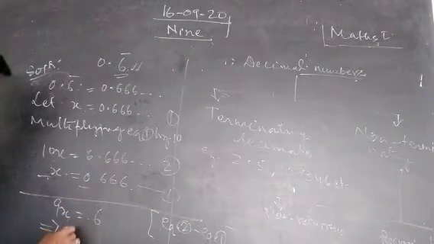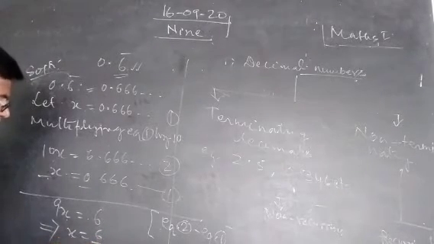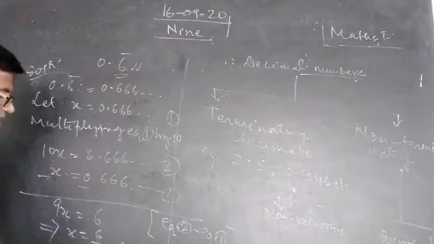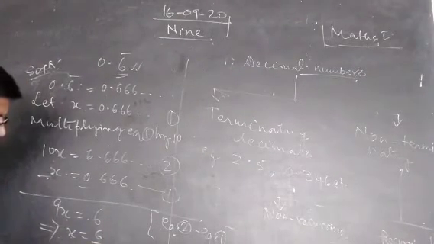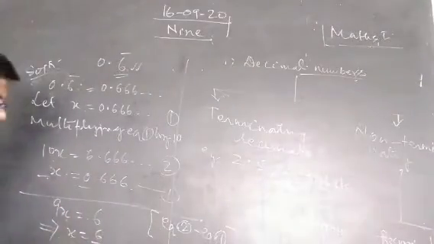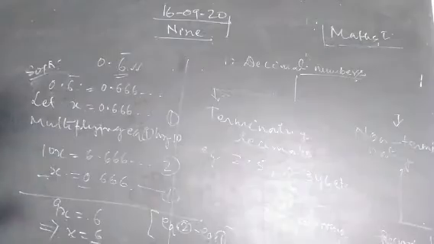Now we solve this linear equation and get x is equal to 6 upon 9. And x is 0.6 recurring, so we replace x by 0.6 recurring, which is equal to 6 upon 9.